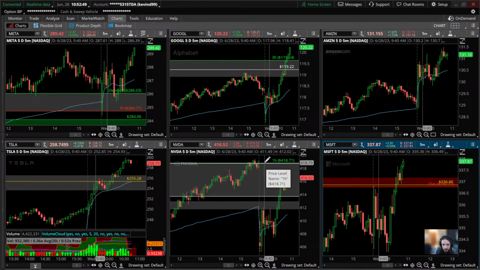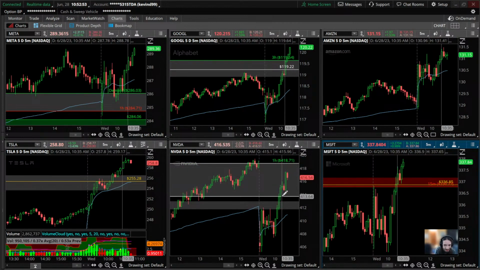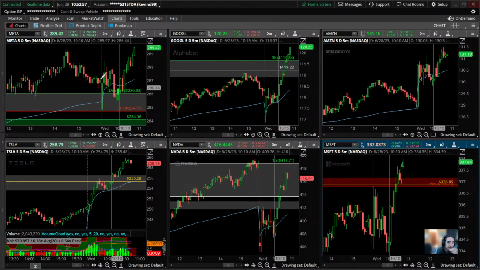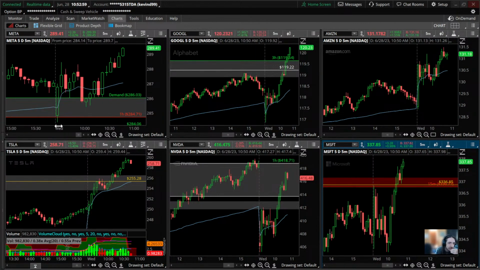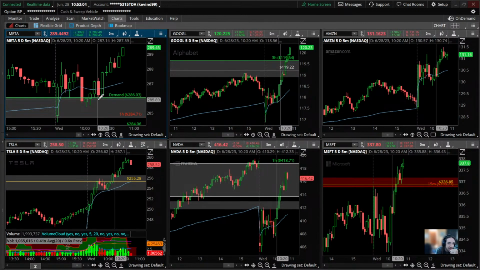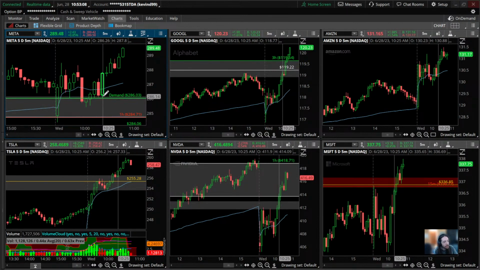Nvidia also getting really close to closing that gap, guys. Like $2 more away. Before I was saying that when it was $4 away. Now we're halfway there. Meta doing great off of that demand zone, right? We came down, we came up, we retested it, created a higher low. We created a higher low outside of demand.